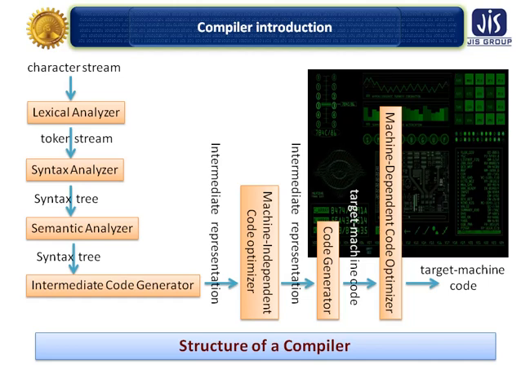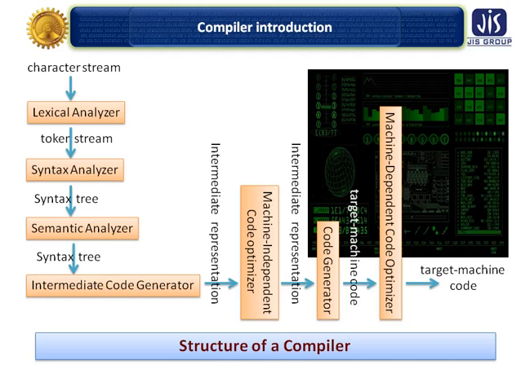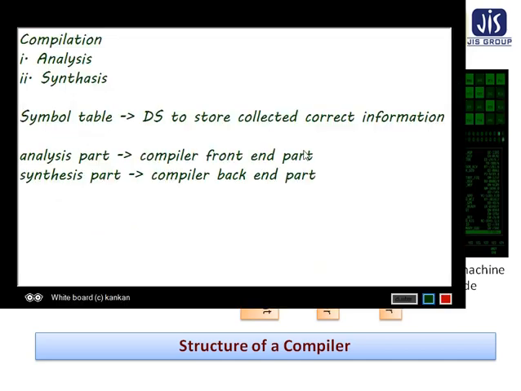In a compiler, what will be in the front end? I have told you, the analysis part is the compiler front end part. And the synthesis part is the compiler back end part. This is the compiler back end part.